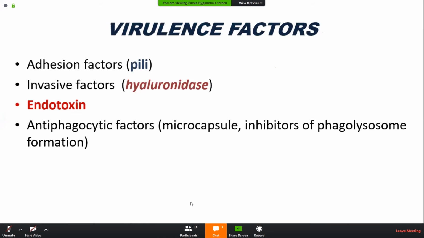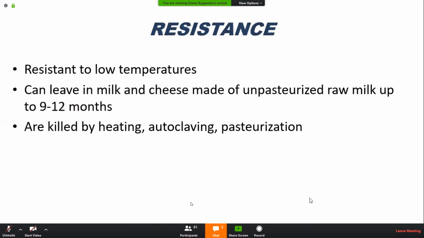To do that, they possess a microcapsule, and they can inhibit formation of the phagolysosome. So it is also an antiphagocytic factor, because in the formation of the phagolysosome, the phagosome fuses with the lysosome, rich in lysosomal enzymes, which is one of the steps of phagocytosis.